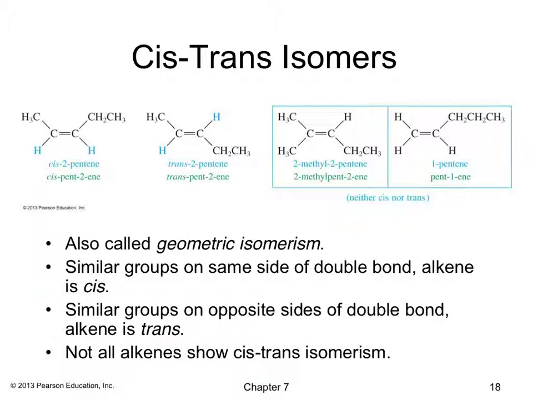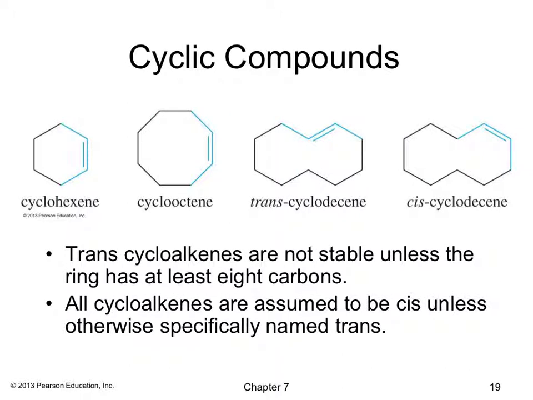These are also called geometric isomers. Similar groups on the same side are cis. Similar groups on opposite sides are trans, and not all alkenes can show cis-trans isomers as we've shown here. In terms of cyclic compounds, these are some examples: cyclohexene, cyclooctene.